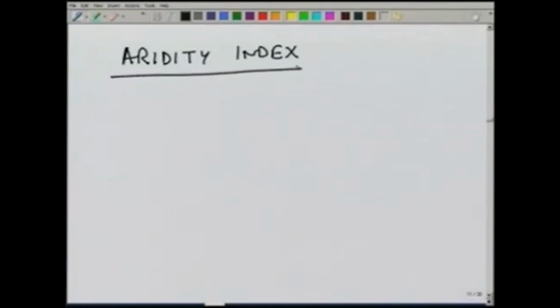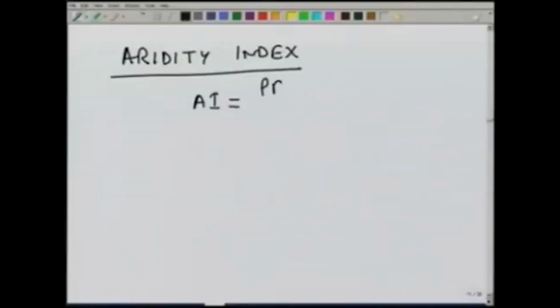And aridity index is typically defined on the basis of the potential evapotranspiration, because potential evapotranspiration represents the requirements of the plants also, and therefore, we use the PET.